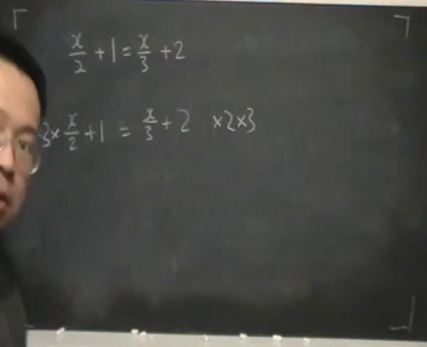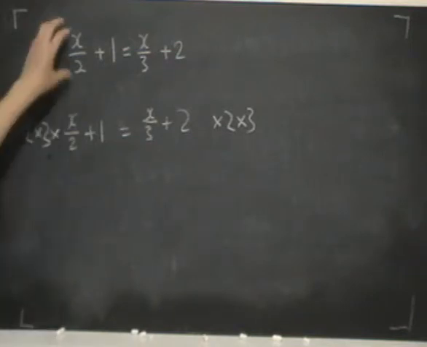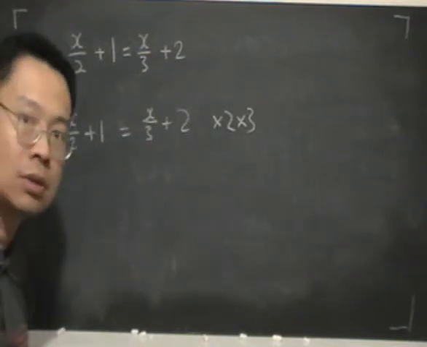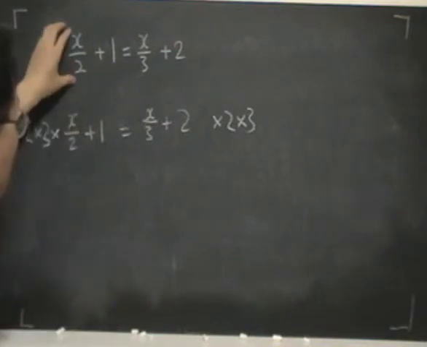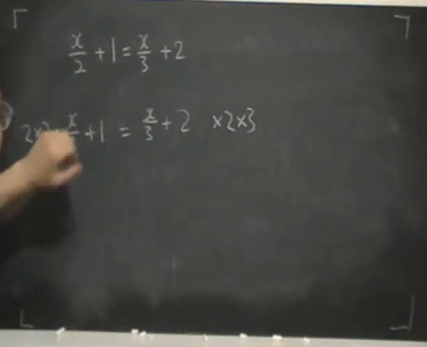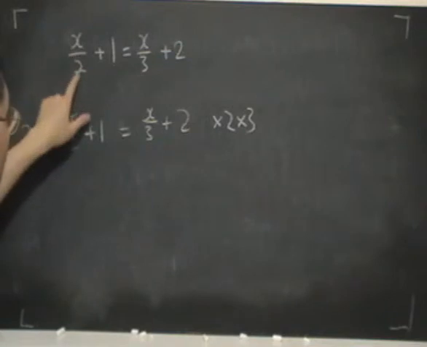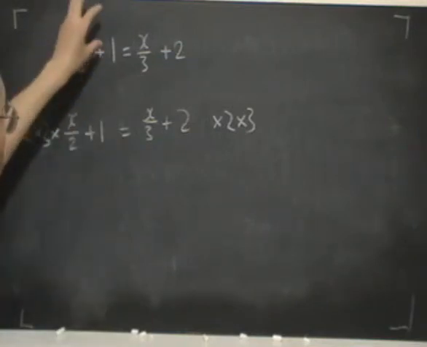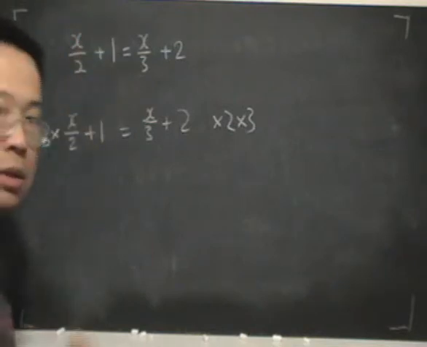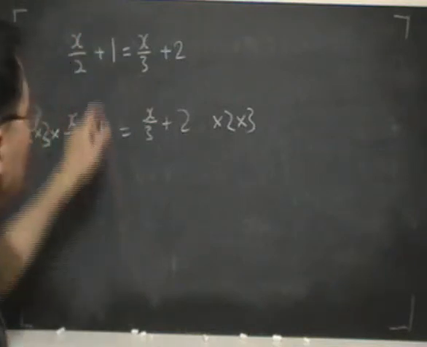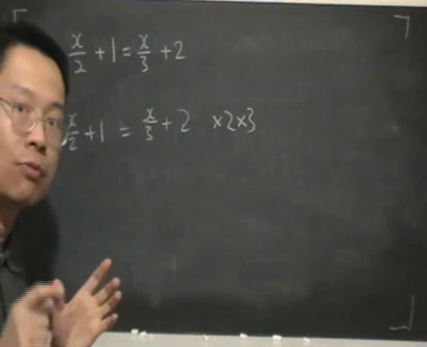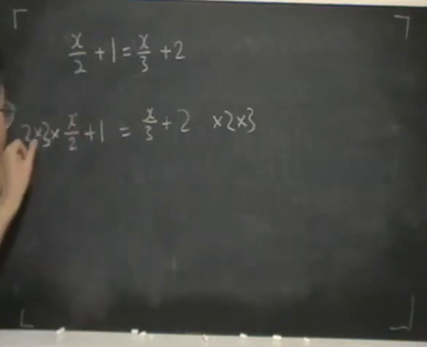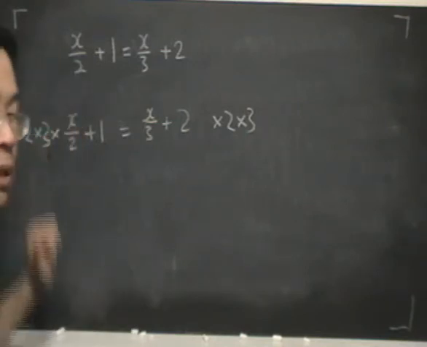That is wrong. The reason why it's wrong is that if you go back to the first equation, you see the left side is x over 2 plus 1. That means that x over 2 must be added to 1 first before we multiply by 2 and 3.